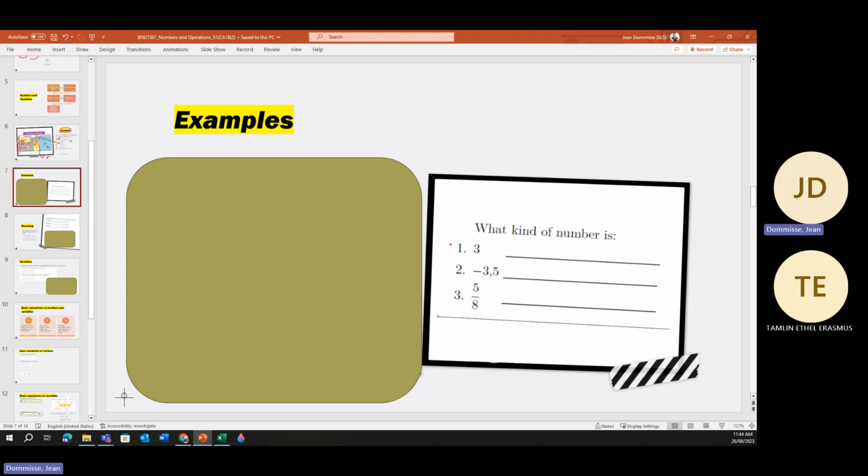So it might rather be that they give you a few numbers, and they say which one is irrational, and then you need to pick. Might be rather something like that instead of saying complete something. But let's look at the options.